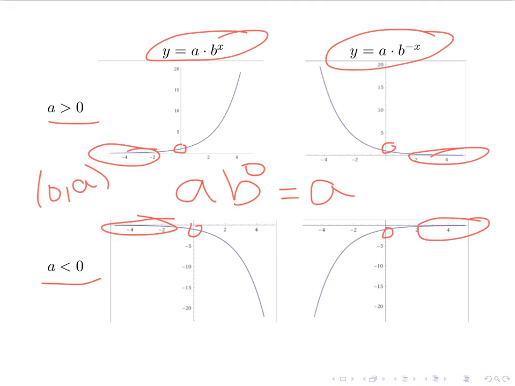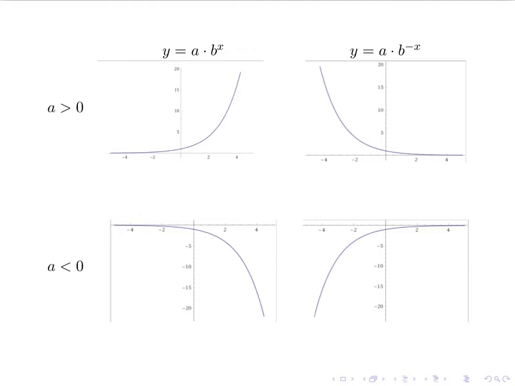Now I'm going to clear out all these pictures so that I have a clear picture again. So the picture that we were dealing with earlier, y equals 2 to the x, is this guy here. My a was positive because it was 1, and my exponent was positive because it was just 2 to the x. So this is the picture that we had before.